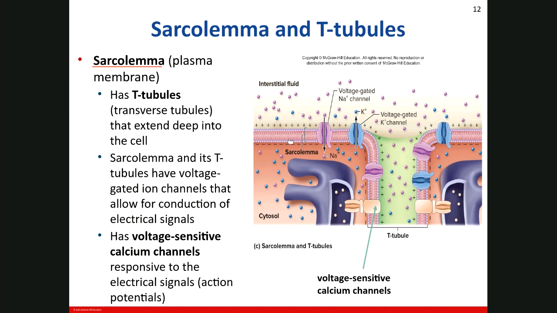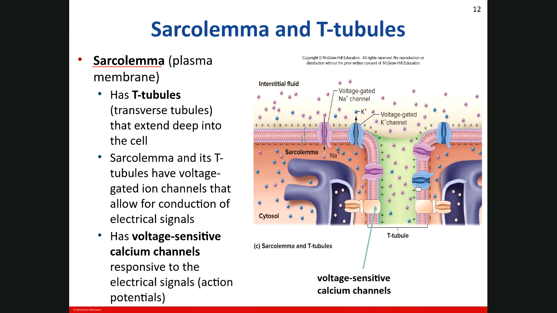It's composed of a phospholipid bilayer, and these are the proteins which are distributed in this phospholipid bilayer. And we have another structure here. This structure is some finger-like or tubule structure which comes inside the cell.